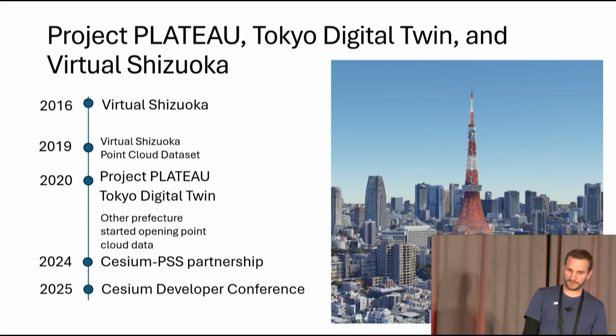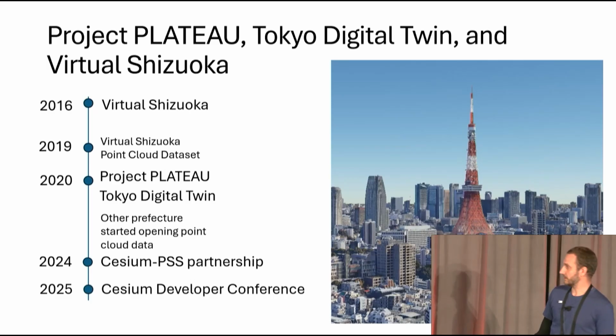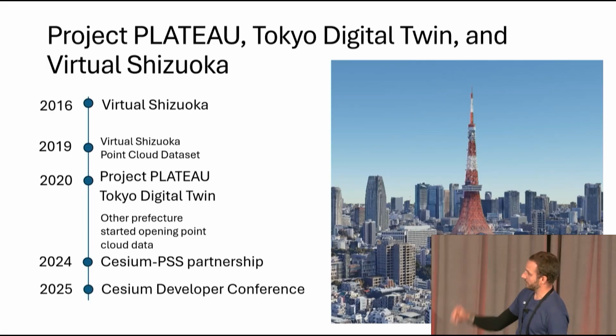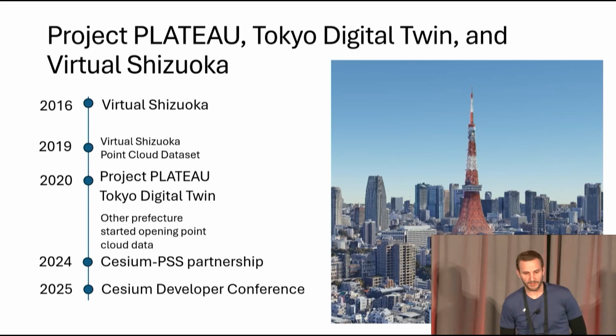A little bit of the timeline of Pacific Spatial Solution is, well, everything started with Virtual Shizuoka in 2016. I will explain in the next slide a little bit more of the three projects. So now it's just the timeline.